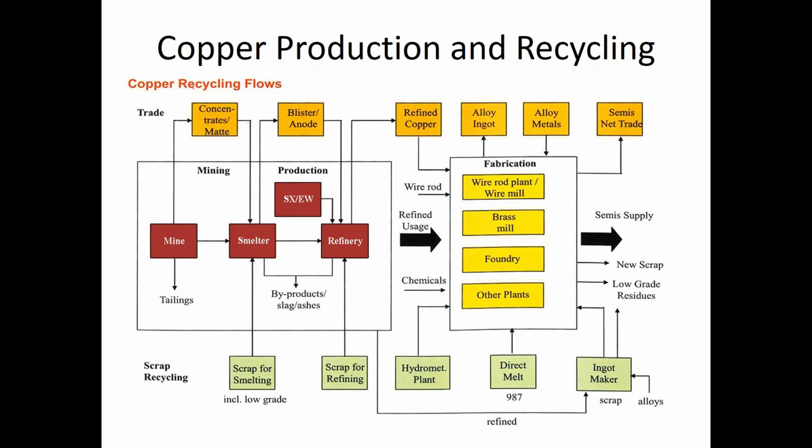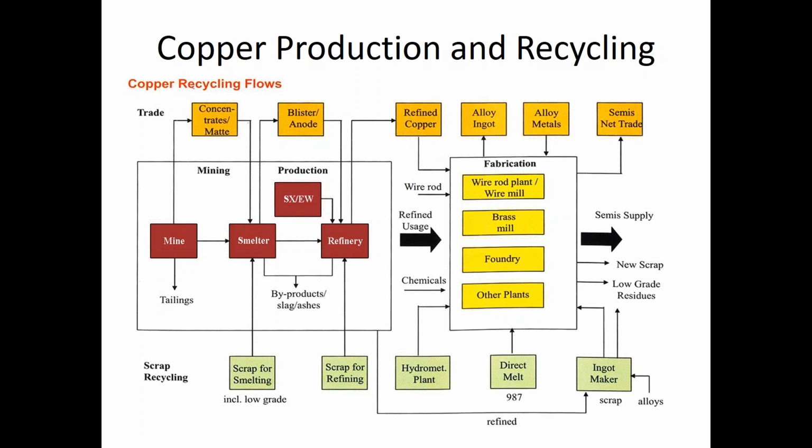Now, a smelter means that you're taking sulfur out of the ore. About 67% of the ore, copper ore, is sulfur bearing. The other is oxide or tied up in oxides. So an oxidic ore doesn't have to go through a smelter.